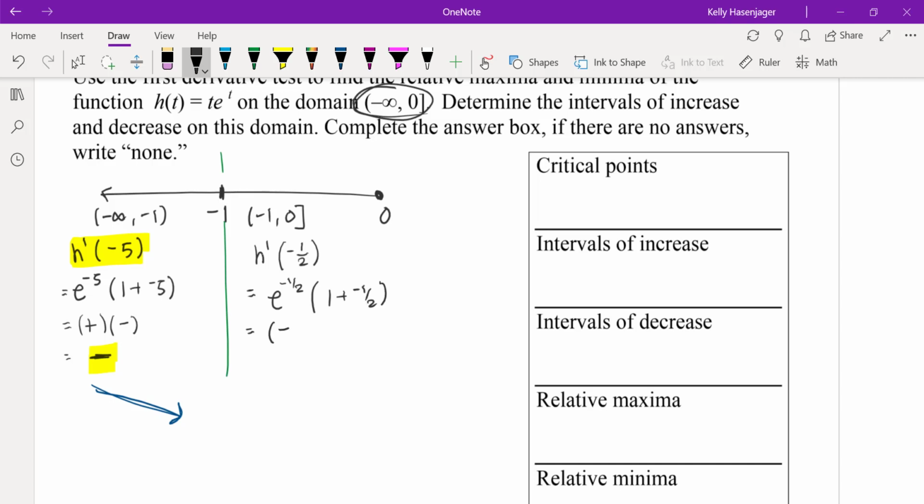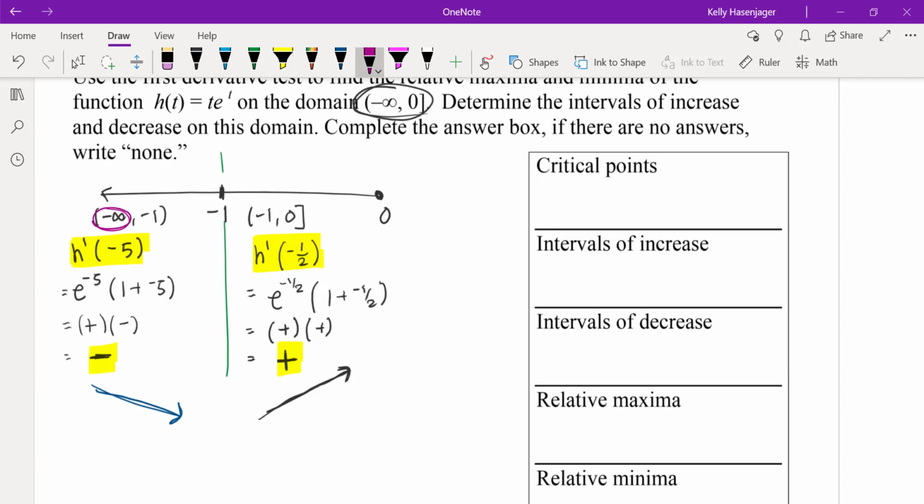Again, you can either plug it into your calculator or reason through it that an exponential function is always positive, and then 1 + (-1/2) is positive. So if our derivative is positive on that interval, that means it has a positive slope. So the original function is increasing on that interval.